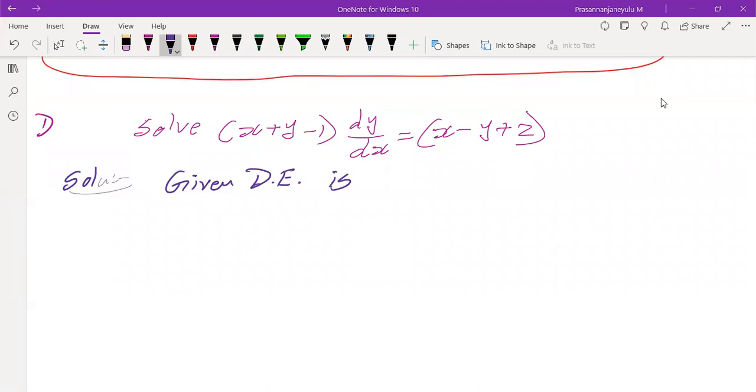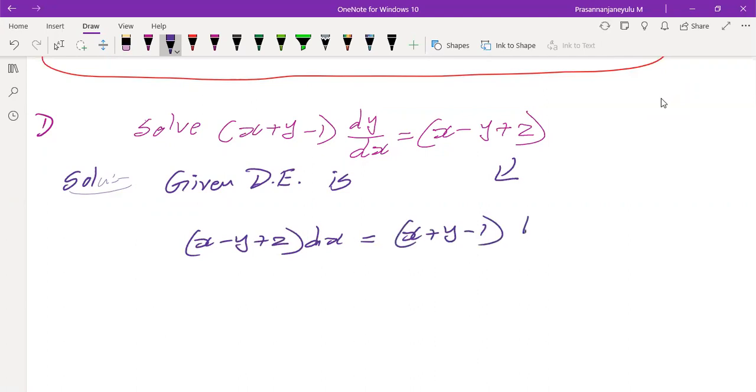First, I am writing the right hand side term on the left hand side. So what I will get: (x minus y plus 2) into dx is equal to (x plus y minus 1) into dy. Yes or no? Is my representation correct? Check it.